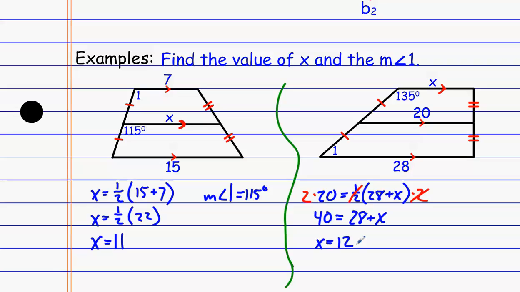And then from there, I want to establish the measurement of that angle. Well, since I know all these lines are parallel, these guys would be corresponding, so this would also be a 135 degree.